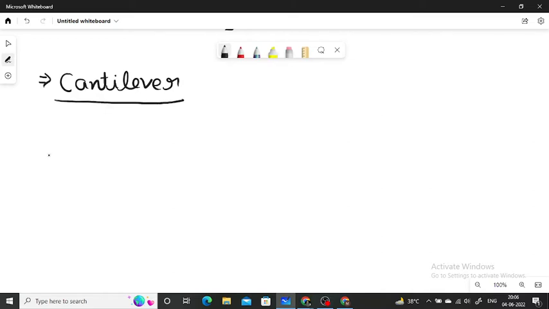Now take first case for a cantilever beam. There are three methods to determine deflection and slope at a section of a beam due to the load conditions. First method is double integration method.